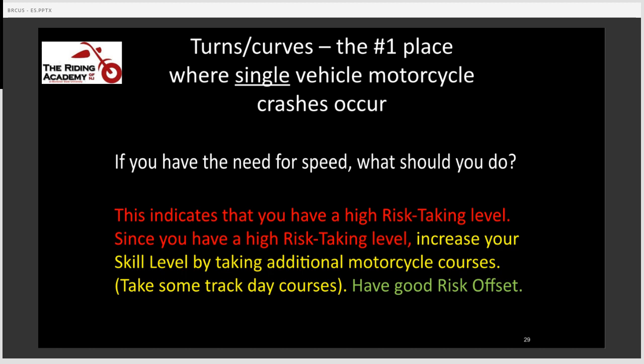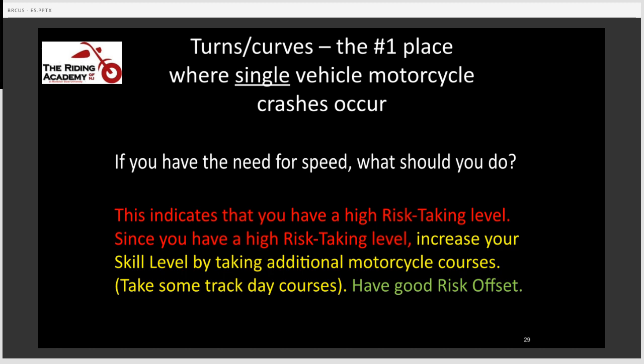So you want to have what we call good risk offset. If you took the basic e-course, the most basic course with us or with anybody else, we talked about that risk offset chart. And that chart indicates that you want your skill level higher than your risk-taking level, right? And it's almost impossible to reduce your risk-taking level because you've got that need for speed or whatever. In my 35, 40 years of traffic safety, I've only seen three things that reduce a person's risk-taking level.